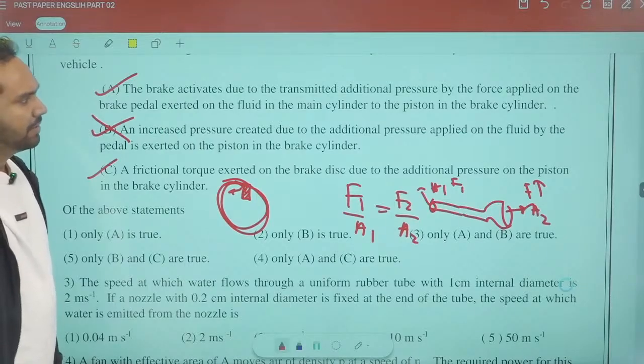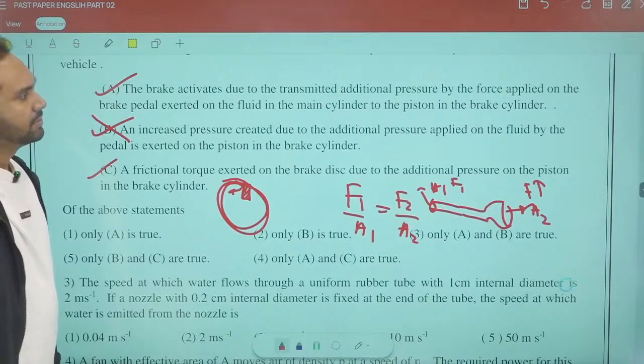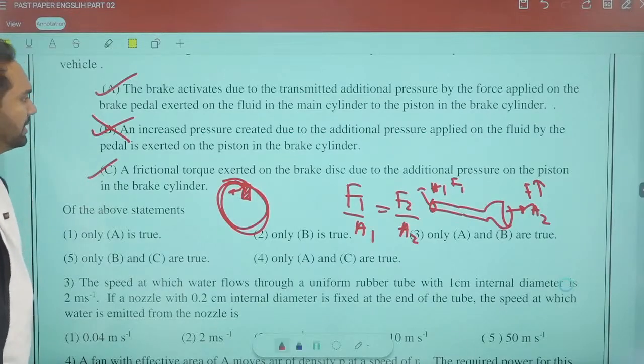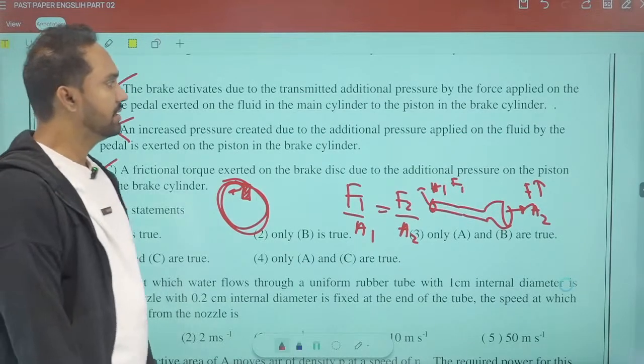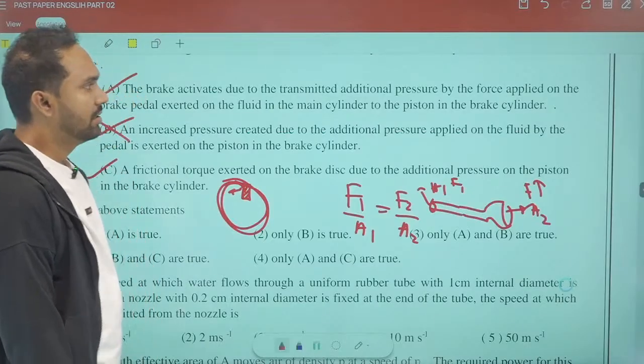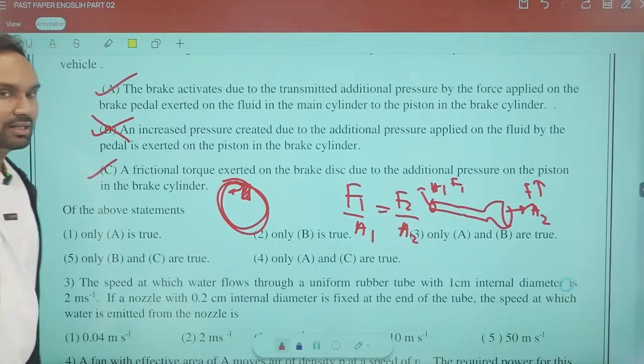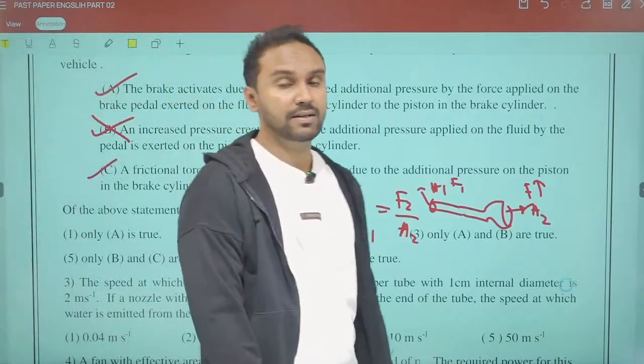So yeah, when you apply force on the pedal, the pressure is supposed to increase. The increased pressure created by the additional pressure applied on the fluid by the pedal is exerted on the piston in the brake cylinder. Anyway, the answer says the pressure does not increase in the liquid.